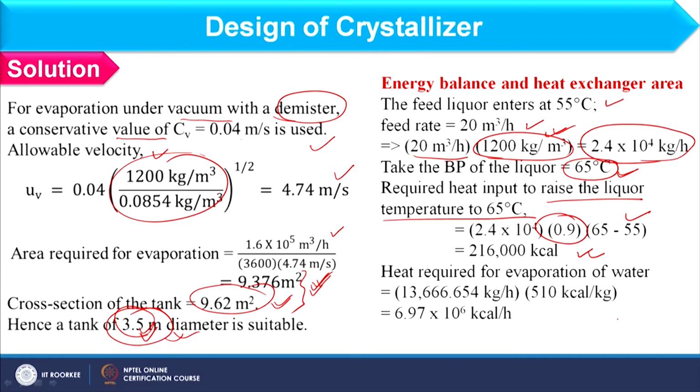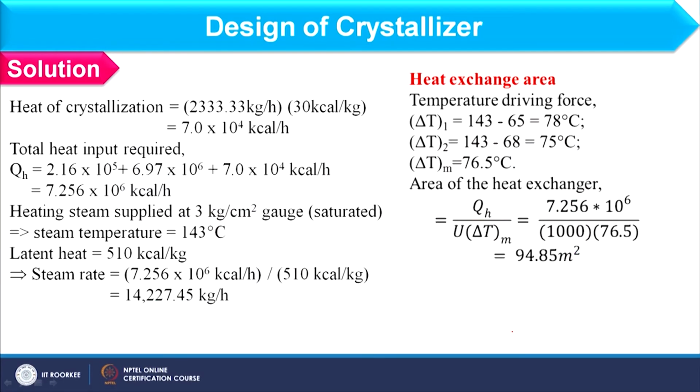Okay. And further we have to find out the heat required for evaporation of the water. Heat of vaporization is already given to us, and the total vapor generated is given to us. So, this much is the total heat required for evaporation of water.